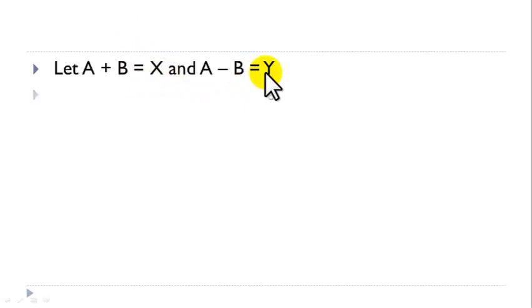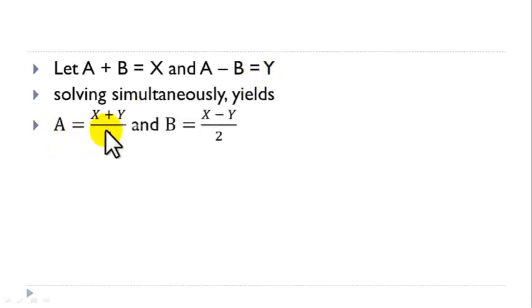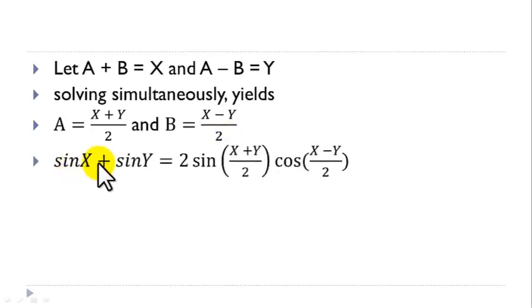Solving these two equations simultaneously yields A equal to (x plus y) over 2 and B equal to (x minus y) over 2. So therefore, sin x plus sin y is equal to 2 sin (x plus y) over 2 cos (x minus y) over 2.